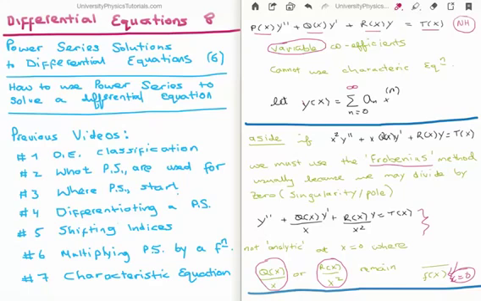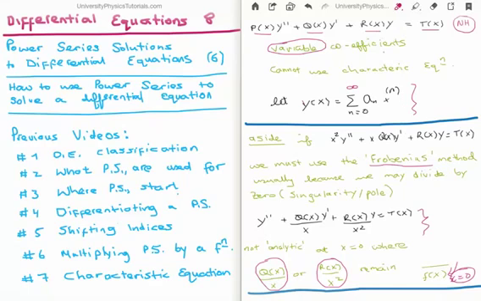Now, we're going to assume for the moment that that doesn't happen. So when we have an analytic function, we can just let our function y, a function of x, be equal to the infinite sum of a sub n x to the n.